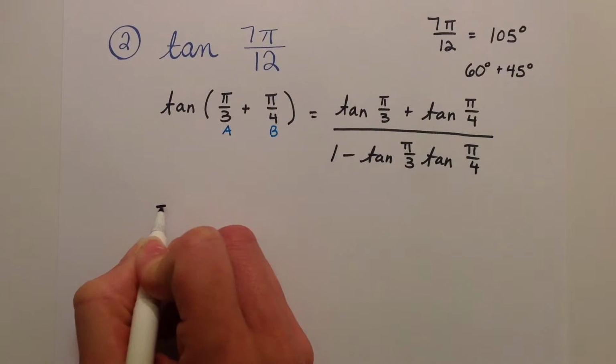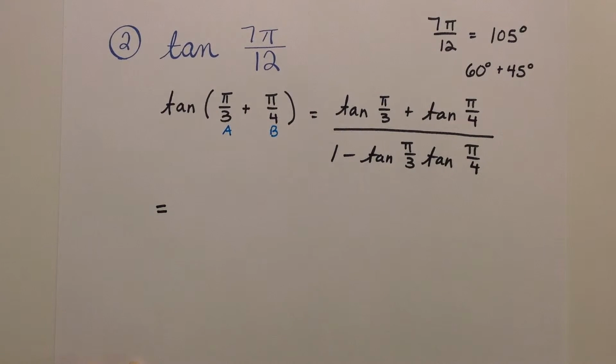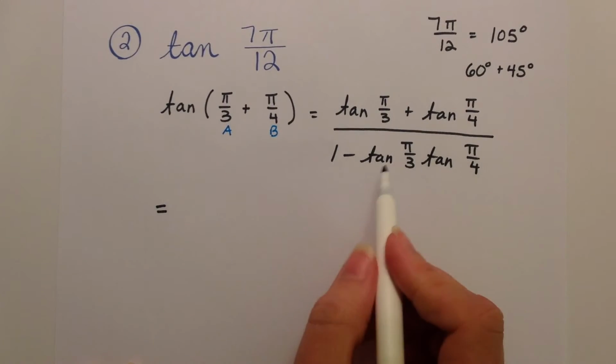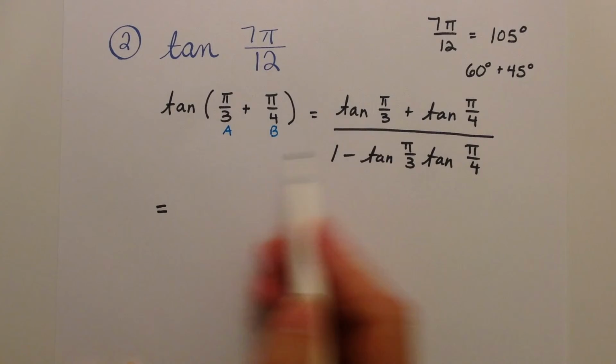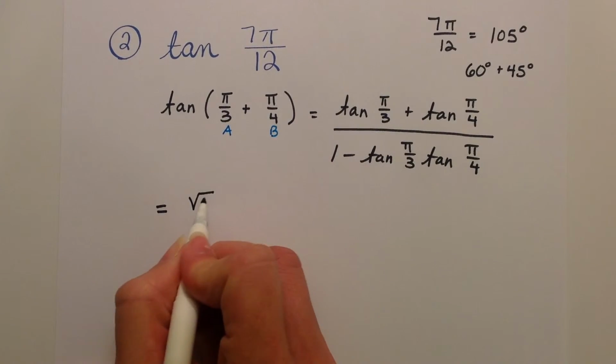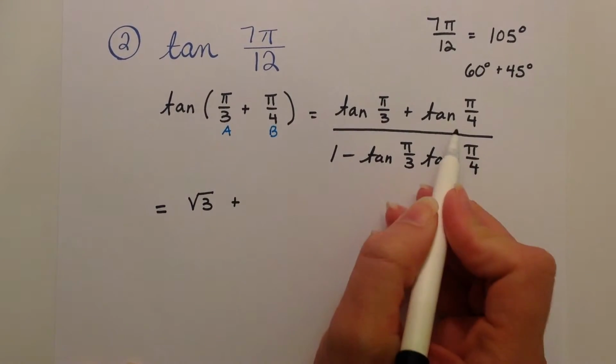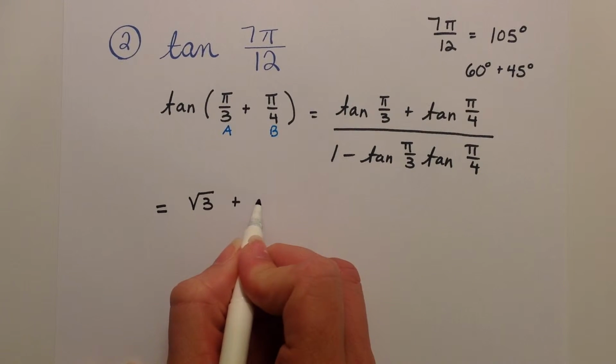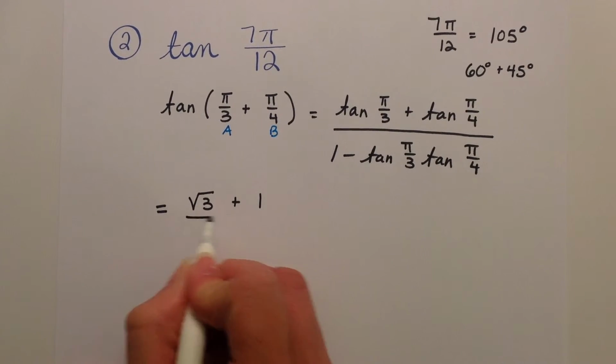Okay, so go through and replace those values. Of course, these are 60 degrees, 45 degrees, so replace everything with those exact values. So tangent 60 degrees is square root 3. Tangent of 45 degrees is just 1.